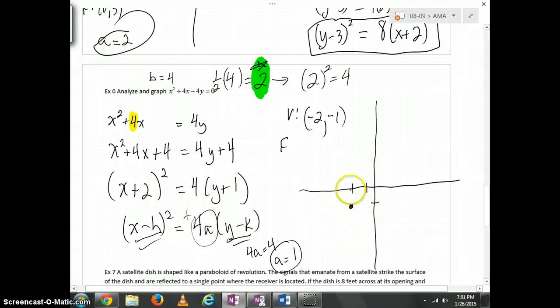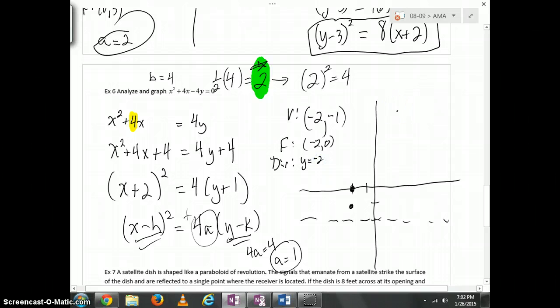I hope everyone would agree. If we were to go one step up, we would find our focus. This would be at negative 2 comma 0. If we were to move our vertex and move one step down, we would find our directrix. And our directrix, of course, then would be a horizontal line, y equals negative 2.